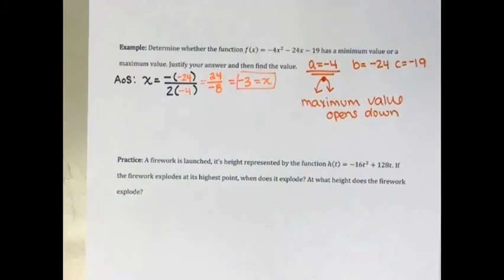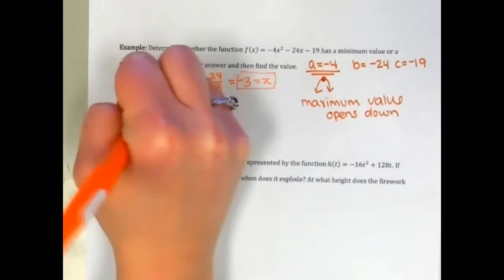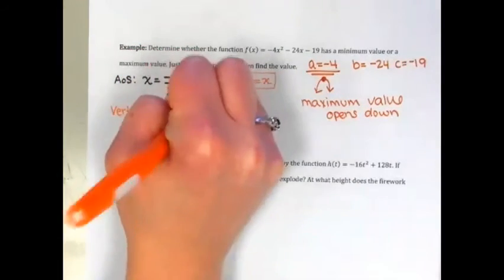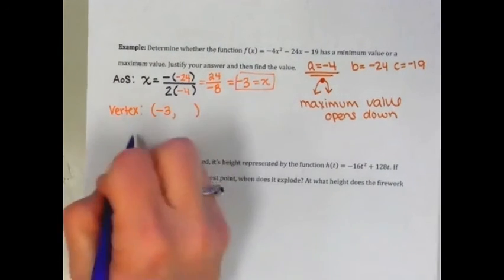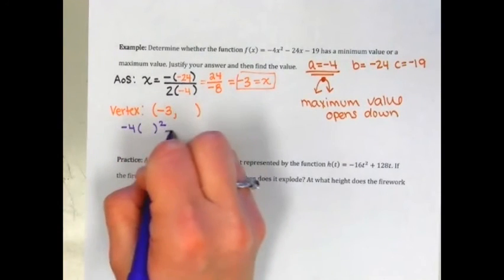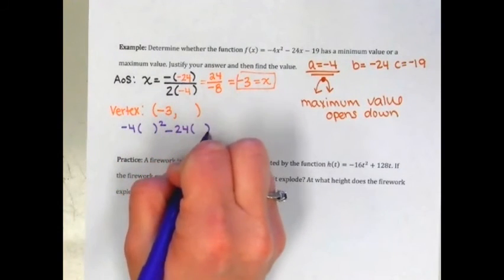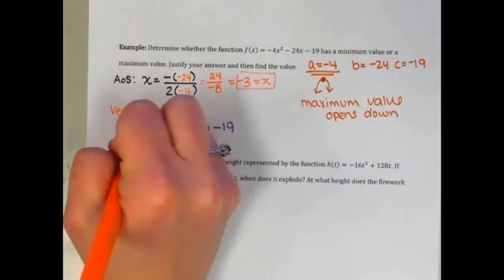So what's my vertex? What's the x coordinate of my vertex? -3. How do I find the y coordinate? Plug it in, right? So -4 times x squared minus 24 times x minus 19. And what is my x? -3.